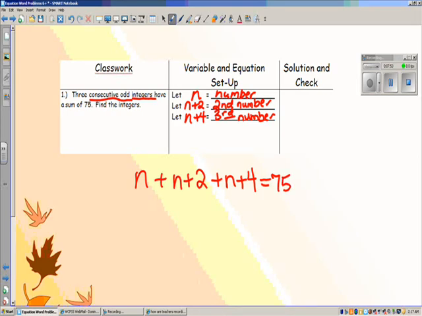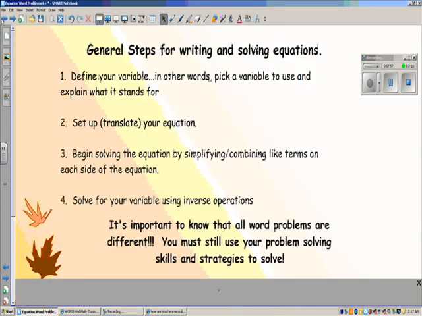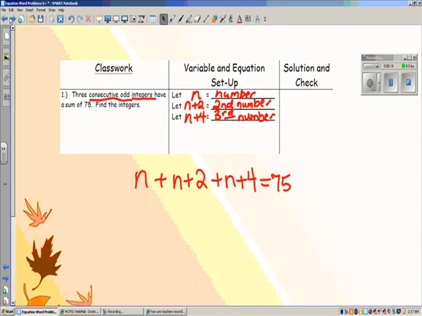Do you remember the second step when solving these? We've defined our variable. We've set up or translated our equation. Now we're going to begin solving the equation by simplifying or combining like terms on each side of the equation. So here goes. Let's combine the like terms here.